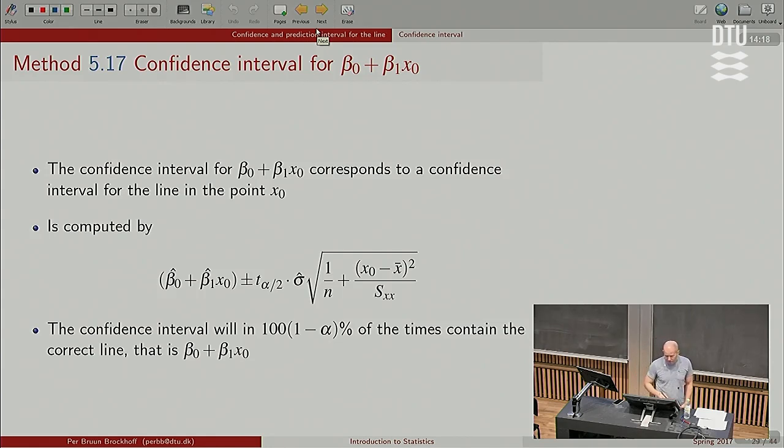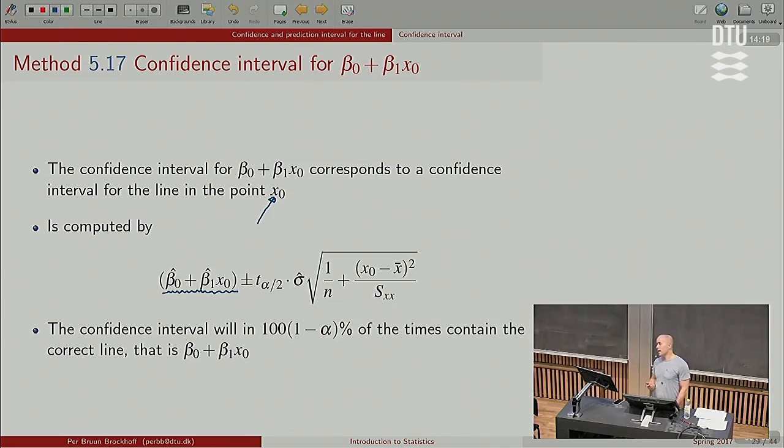Here is the confidence interval for the line. Look at this. If we look at the formula, I could take any point on the line. I could also take some x value, some height, for which I don't even have any data. So let's take 171.5 centimeters. I didn't have anyone saying they had this height.